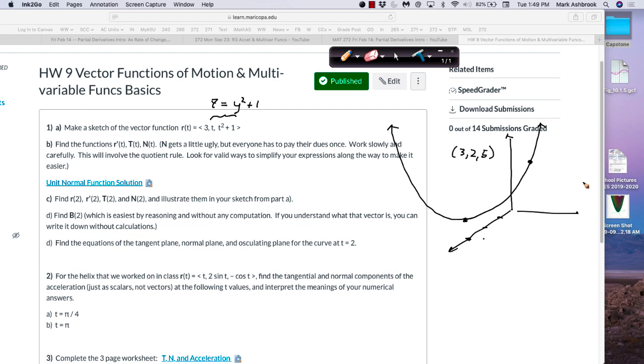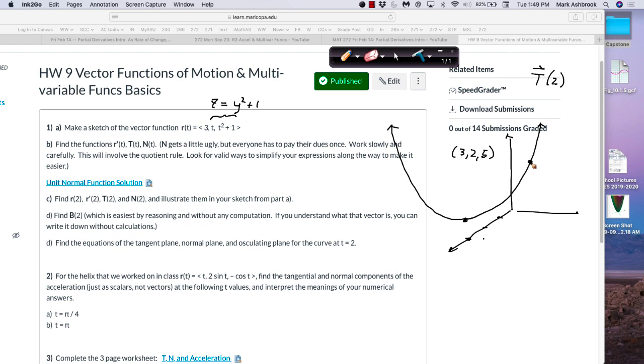Okay. So what will the T vector be like? What will the capital T of 2 be?